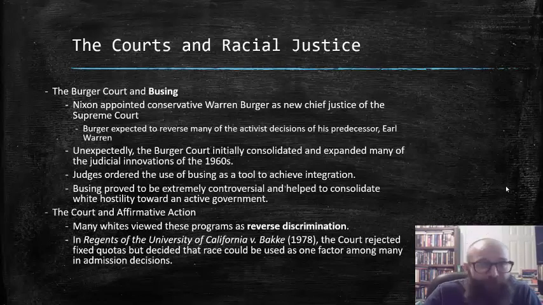One of the more significant early decisions of the Burger Court was the issue of busing. Judges ordered the use of busing as a tool to achieve integration, where students of color from lower income areas would be bused to higher income, better served schools in order to balance the racial integration, and also, of course, in hopes to give these people of color from these more poor areas better access to higher standards of education.